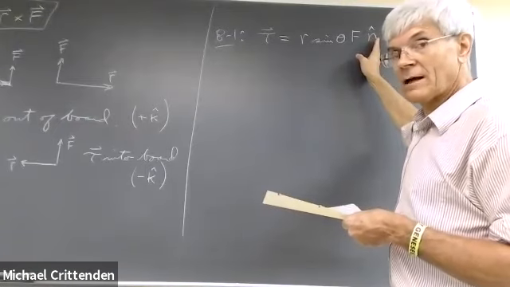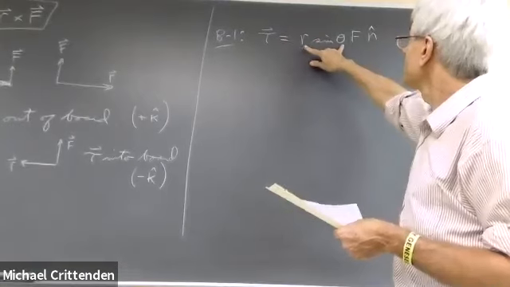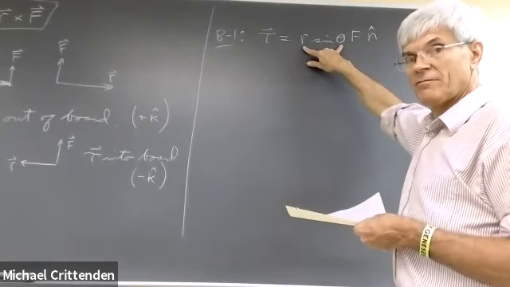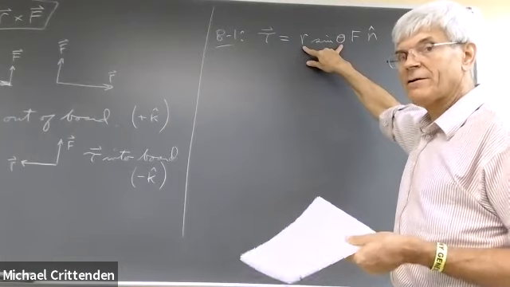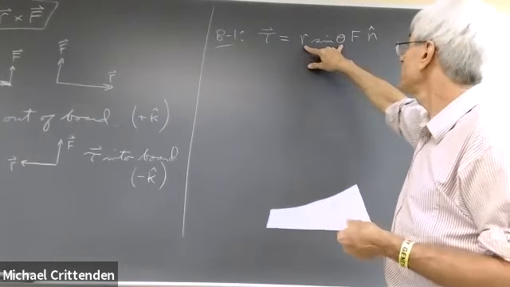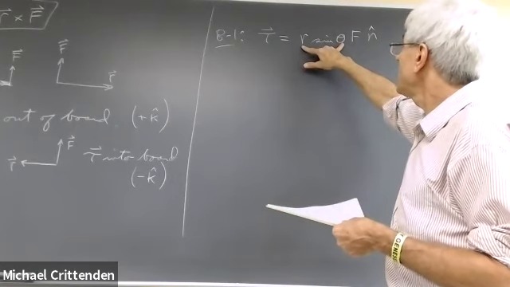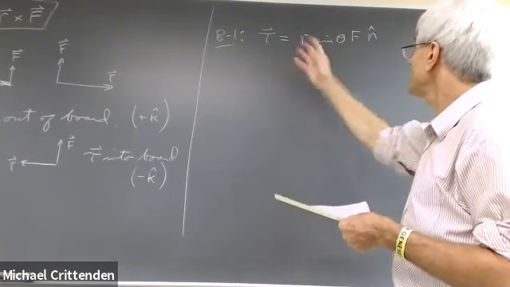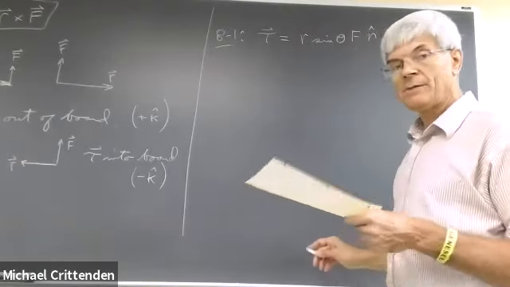Maybe a little footnote I could slip in: if you think back to section 7, you might remember that this factor here, r sine theta, is something called the lever arm or the moment arm for the force, the perpendicular distance from the axis of rotation to the, anyhow, that's just a little comment in passing.